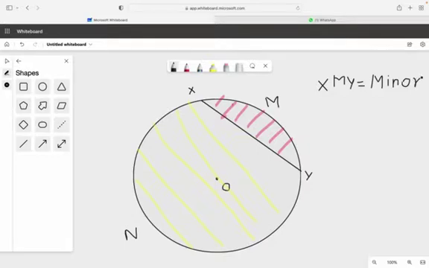So this part X, M, Y is the minor segment, and X and Y is the major segment. All right, let me write it as major segment.